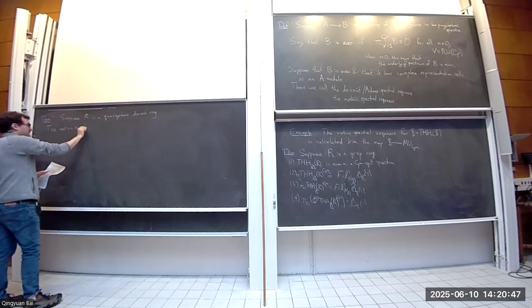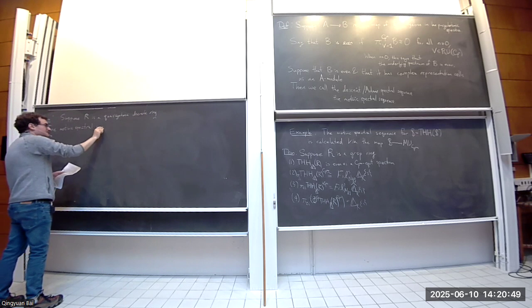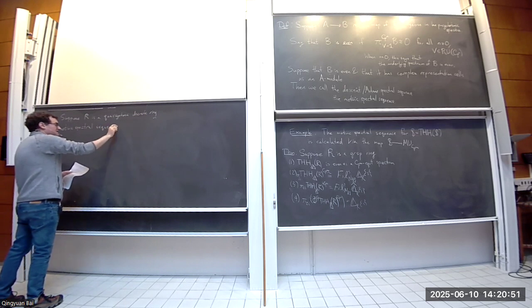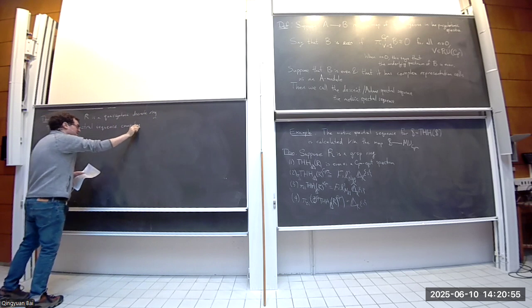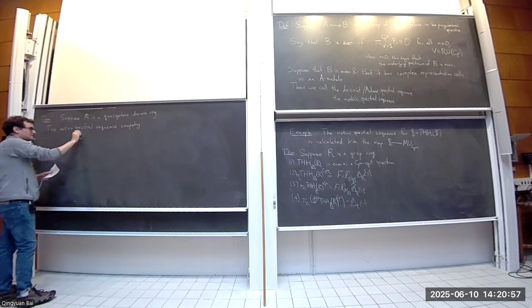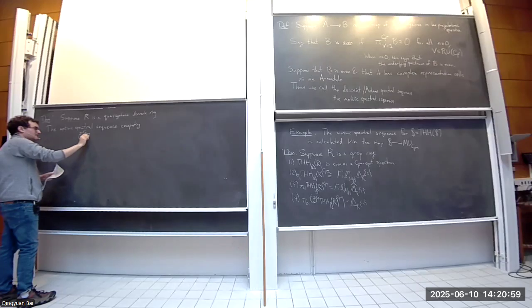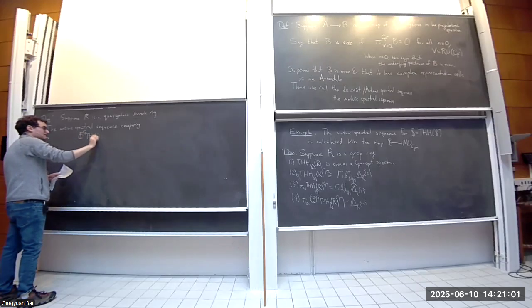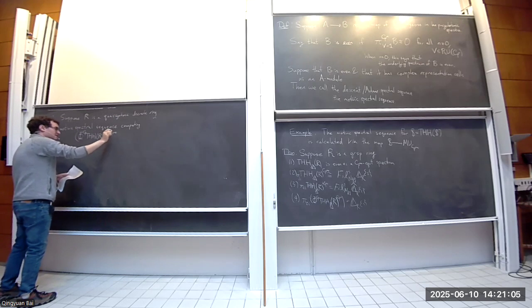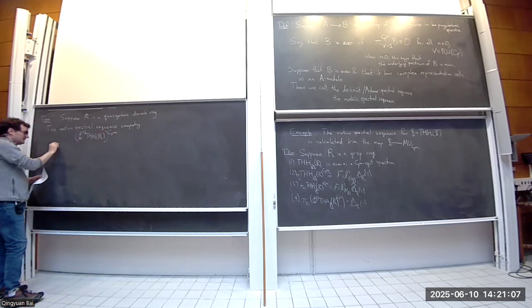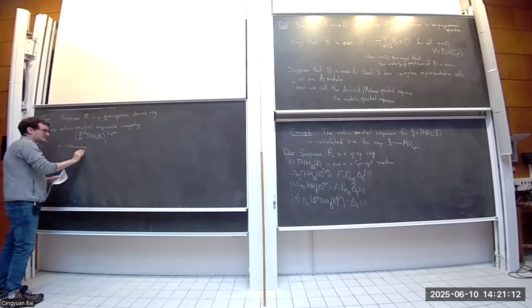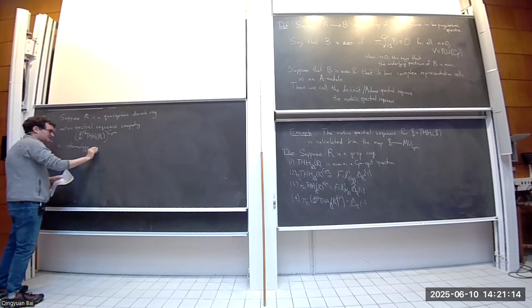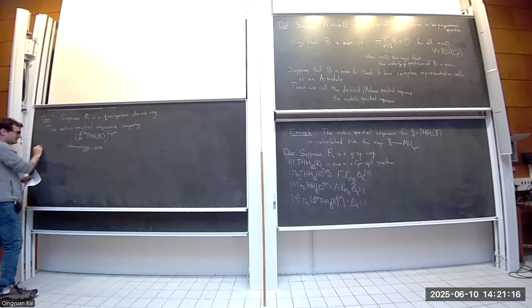The motivic spectral sequence, we're giving this homology as E-two.